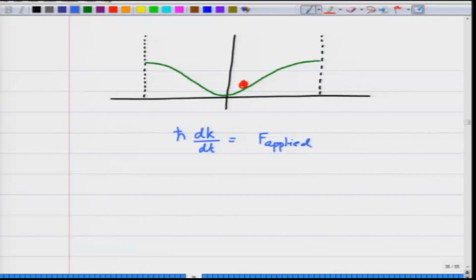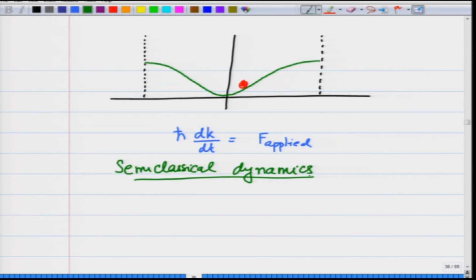Now, what I had also told you is that we are doing semi classical dynamics, in that when I look at a particle, I am actually looking at it as a wave packet.